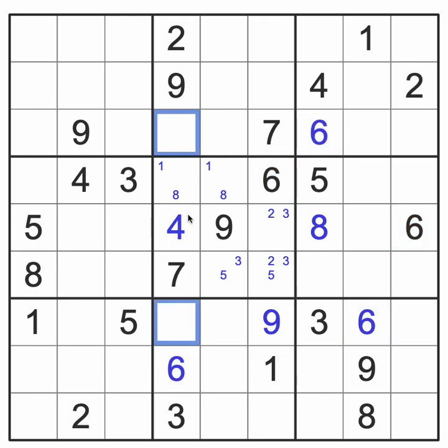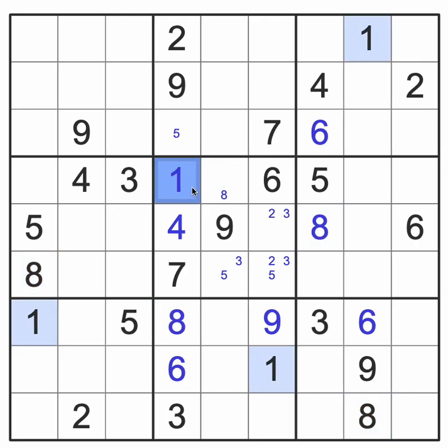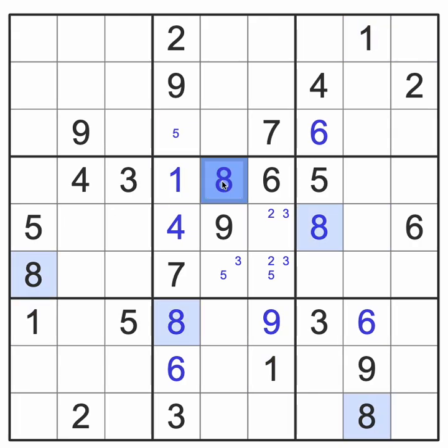And now these 3 cells are 1, 5, 8. And this cell is blocked by 1 and 5. Makes it 8. That gives me 1. That gives me 8 and 5.